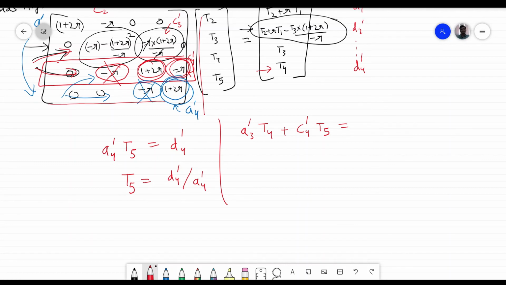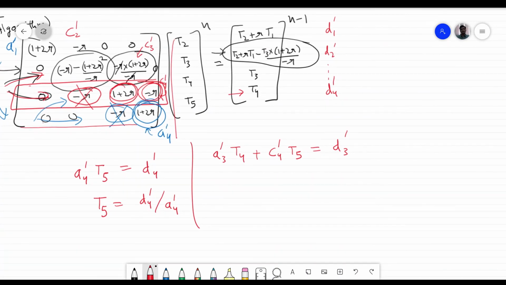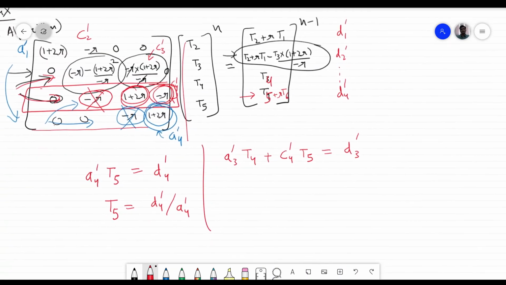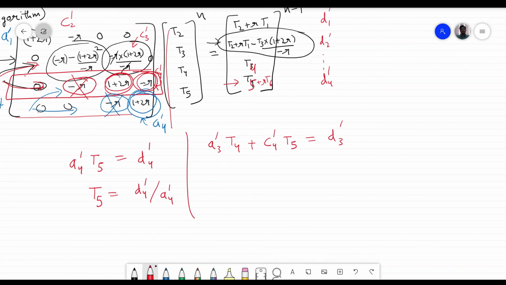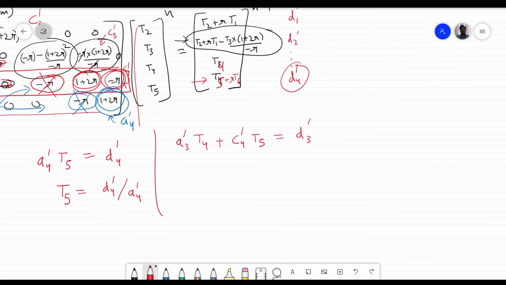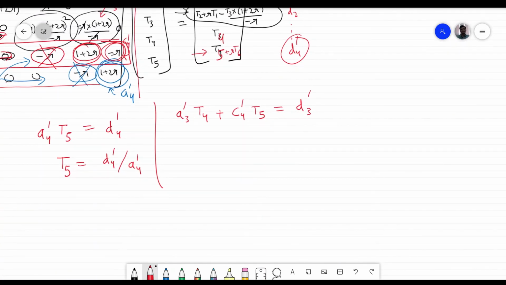This is equal to D3 prime. Sorry, there's some mistake here. Okay, but it doesn't matter because we are writing in terms of D primes basically. So this is D3 prime here on the right hand side.